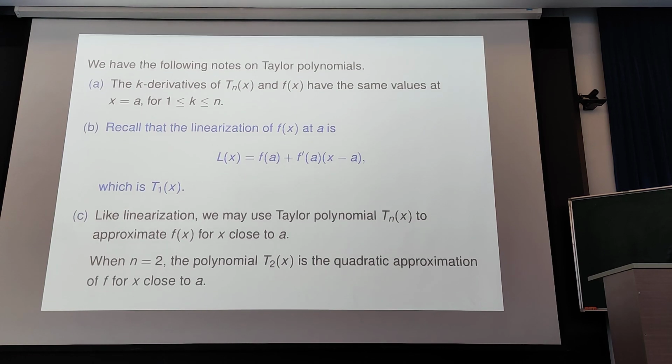This Taylor polynomial is very important in the problem of approximation. We expect that when n tends to infinity, the limit of Tn converges to the value of the function f, of course at the same point x, right?